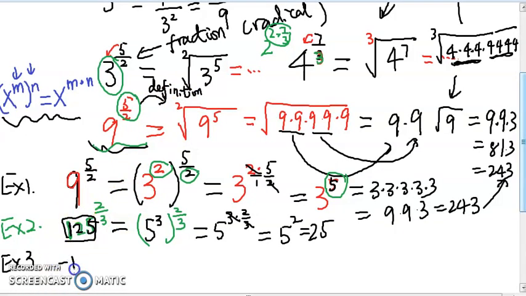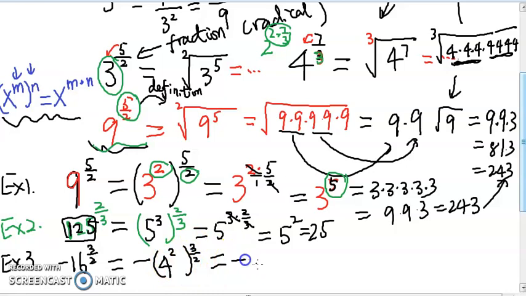And next we do negative 16 raised to 3 halves. So notice that the negative sign is not in the parentheses, it's not raised, so the negative sign we will leave. We're just going to rewrite 16 as 4 squared, and then raised to 3 halves.